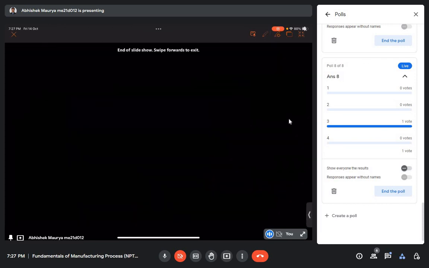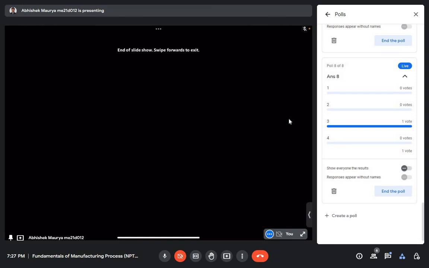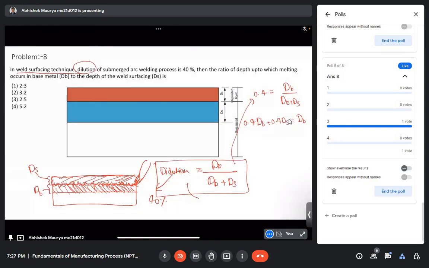On further solving, we will get 0.4 ds is equal to 0.6 db.